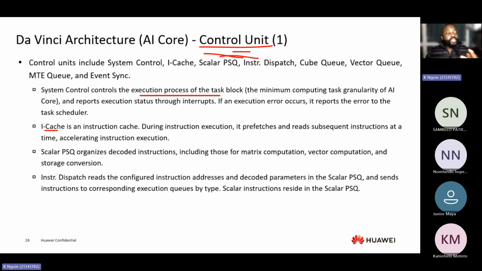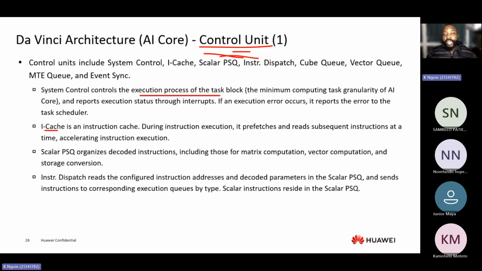Basically, the control unit will ensure that the CPU runs a certain cycle: fetch the instruction, decode the instruction, execute the instruction, and if it has to save certain information, it saves the information. So you need to understand that the control unit deals with all those operations such as mathematical operations, and it manages the flow.